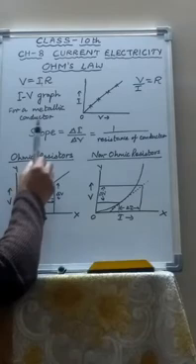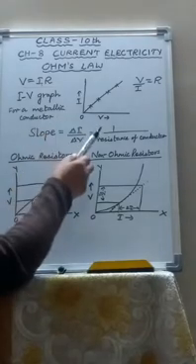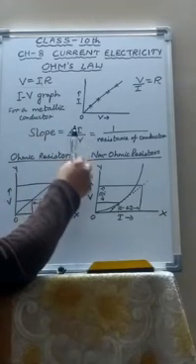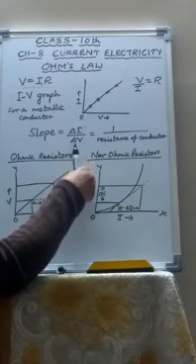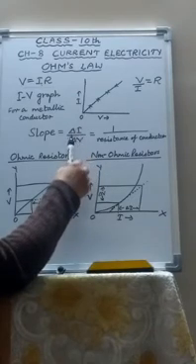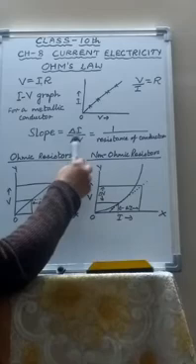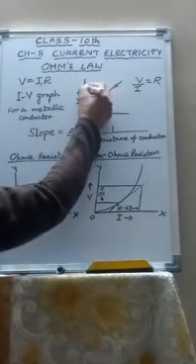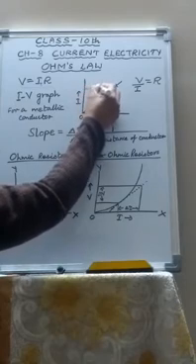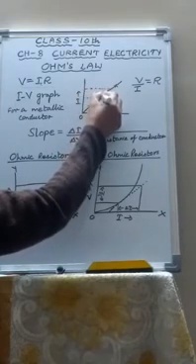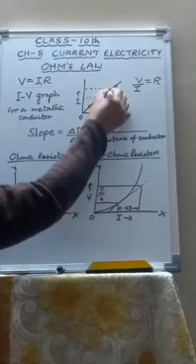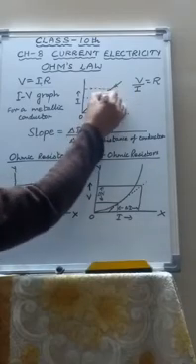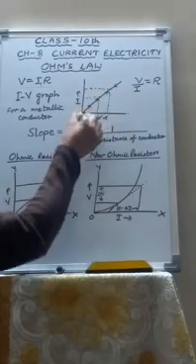Now, by finding the slope of this IV graph, we will get delta I upon delta V. Delta means change in current upon change in potential difference. For finding the slope of the line, we draw two perpendiculars, each on the x-axis as well as the y-axis, from any two points on this straight line.